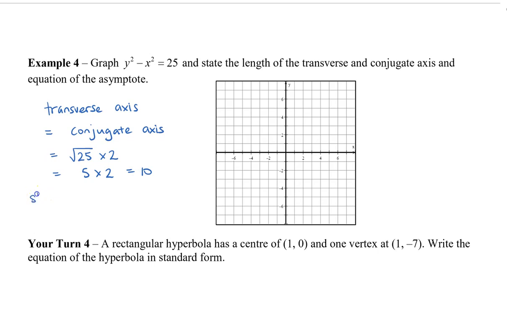And then the slope of the asymptote is equal to plus or minus 1. And let's graph this first. So we have our center at 0, 0. And we're going to draw a box so we know that it's 5 in every direction.